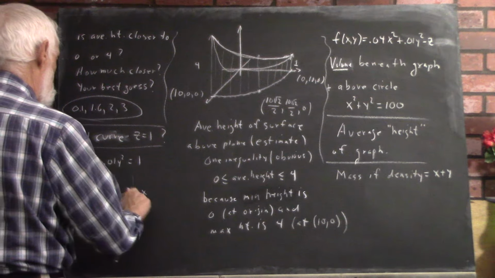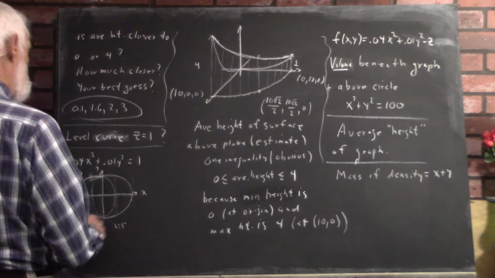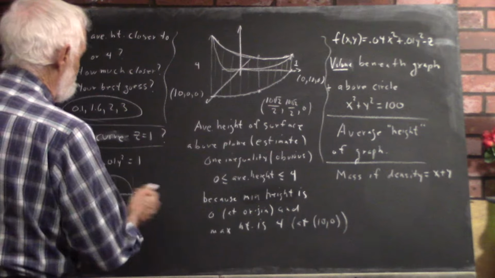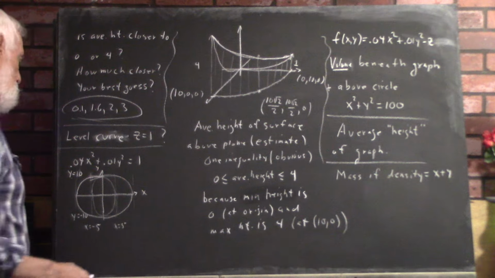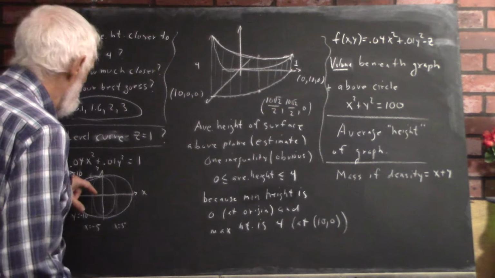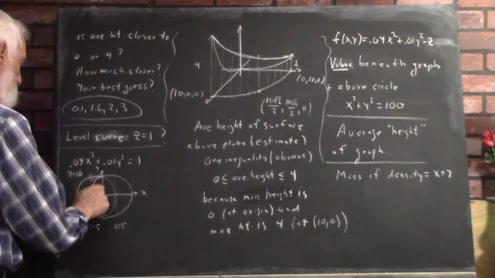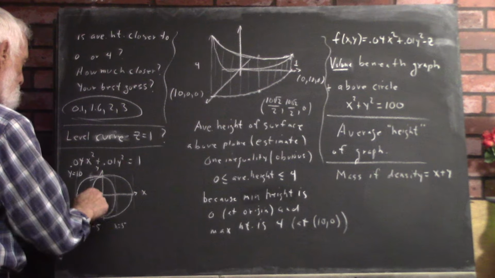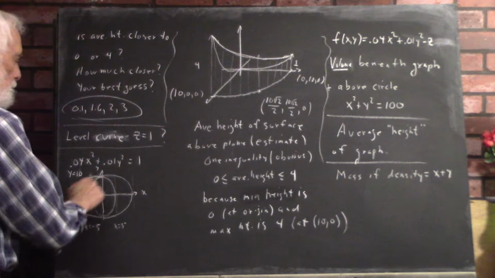Well, this circle turned out not to be a particularly good looking circle, but we can still see that here's the ellipse and here's the whole circle.